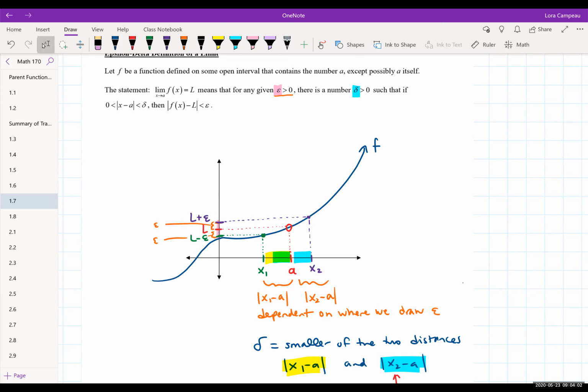And so this is what all this notation over here is talking about. The delta has to be a distance greater than 0. And then of course, we're going to stay within the pink part, the f of x minus L, the distance between the function and its limit. So I'll erase that because I don't want to make things too messy.